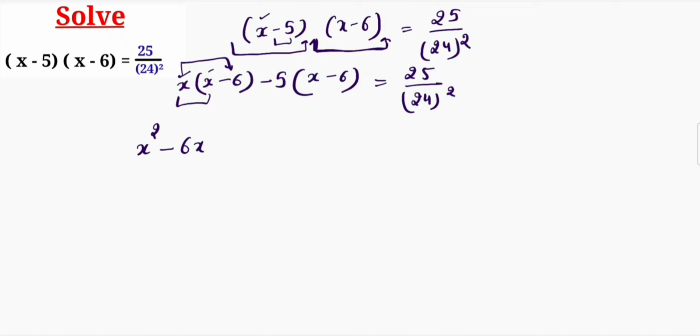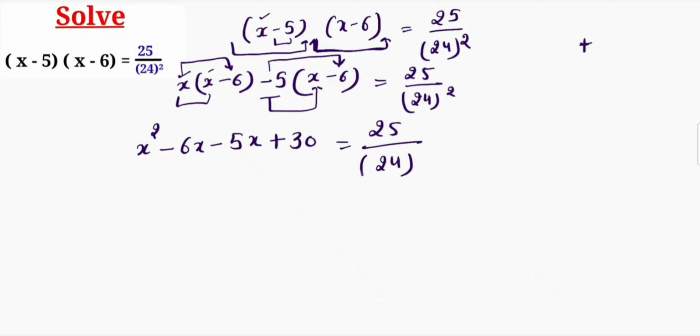Now we multiply -5 with x and get -5x. Now I will multiply -5 with -6. When we multiply two negative integers, we get a positive result, so I get 30, equal to (25/24)².